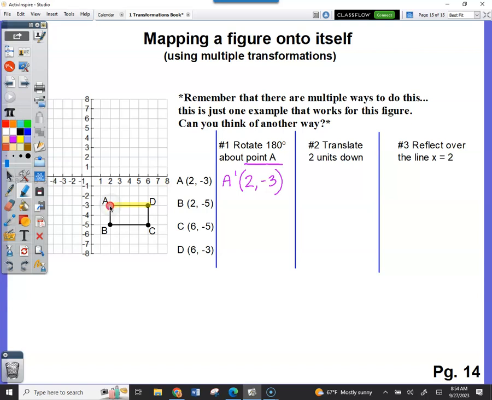So that's 1, 2, 3, 4, 1, 2, 3, 4. D prime should land there. B, going to the point I'm rotating around, should make a straight line with B prime. So B prime should land there. And then you can kind of see where the rectangle is to fill it in. C, going to the point that I'm rotating around, should land there. And there's my rectangle.